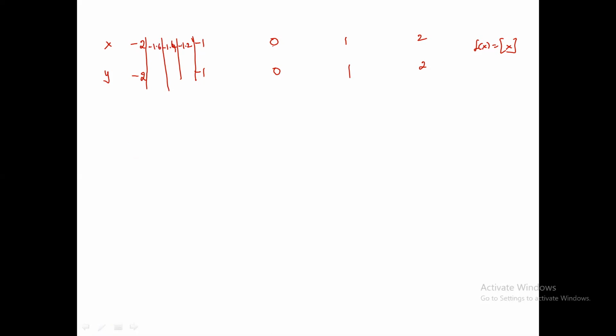So what is happening? All these numbers are between -2 and -1. So the answer will be -2. For y, for all these numbers, it will be -2.